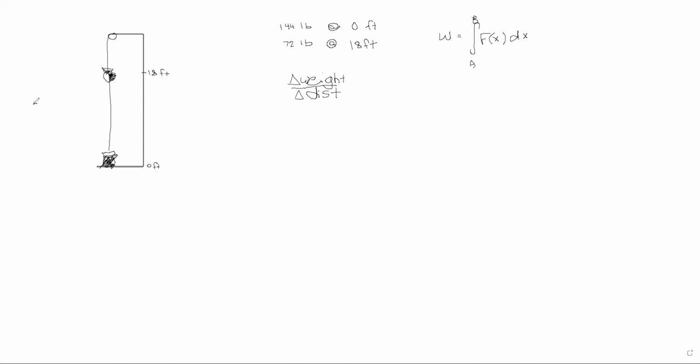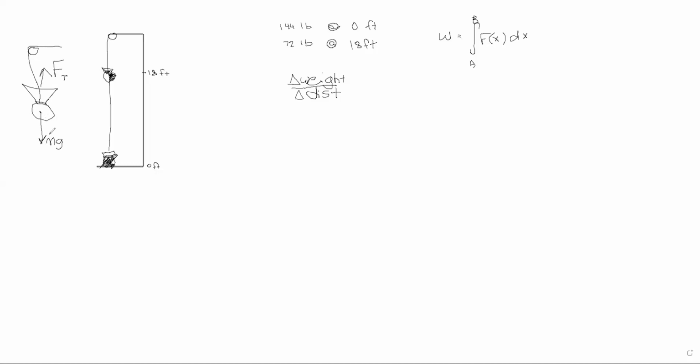I'm not going to get too far into it, but if we wanted to draw a free body diagram of all the forces on this object, we have a weight of mg aimed downward, and then a tension force as a result of the lifting equipment pulling this up. So this is F sub T, our tension force.